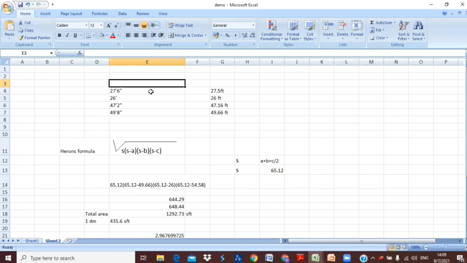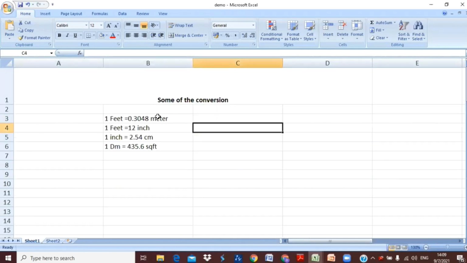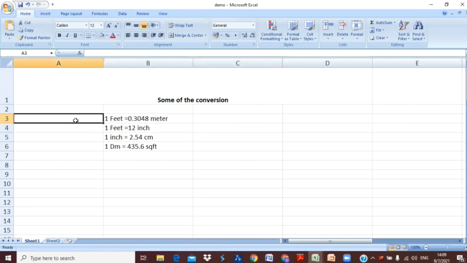You can see here we have some conversions you should know before you convert any plot area. At first, 1 feet is equal to 0.3048 meter, and 1 feet is equal to 12 inches.